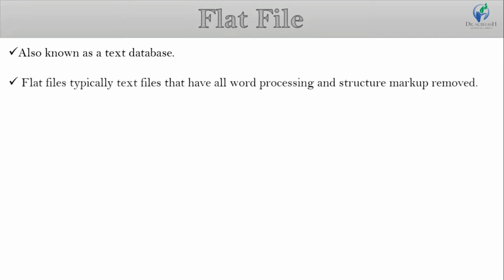A flat file is typically a text file that has all word processing and structure markup removed. A flat file features a table with a single record per line. The different columns in a record use a tab or comma to define the fields. The flat file database does not have multiple tables.